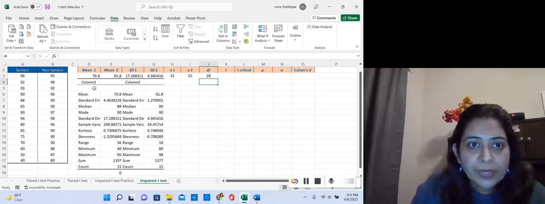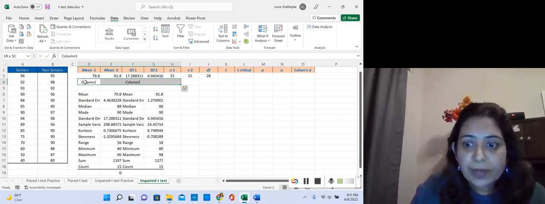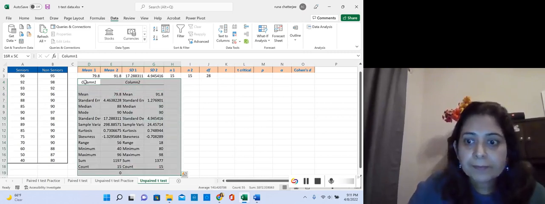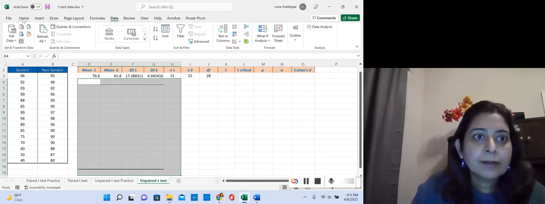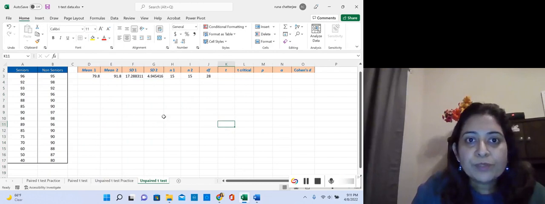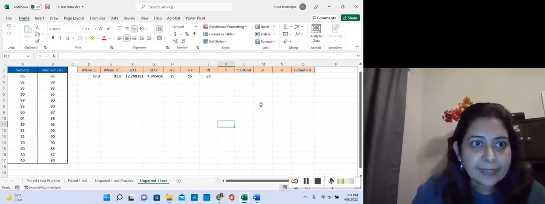Now, we do not need any of these numbers, so I'm going to delete and clear some space. Okay, and now I'm ready to run my t-test.